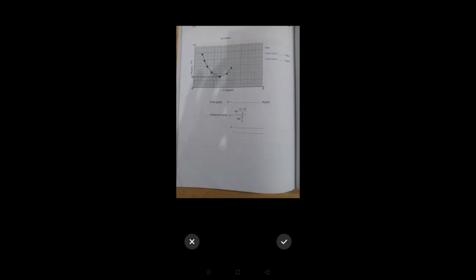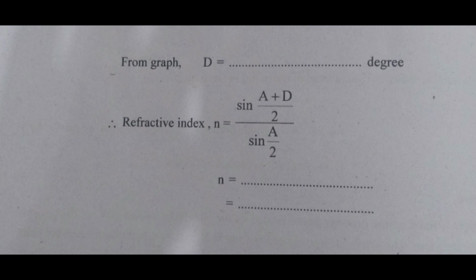When we draw the graph, we can select an appropriate graph and then note the value of minimum deviation. That means where we are getting the minimum value of angle of deviation, that will be the angle of minimum deviation, and that angle we will note, and then we can use it for calculation. Now we can do the calculation from the graph.